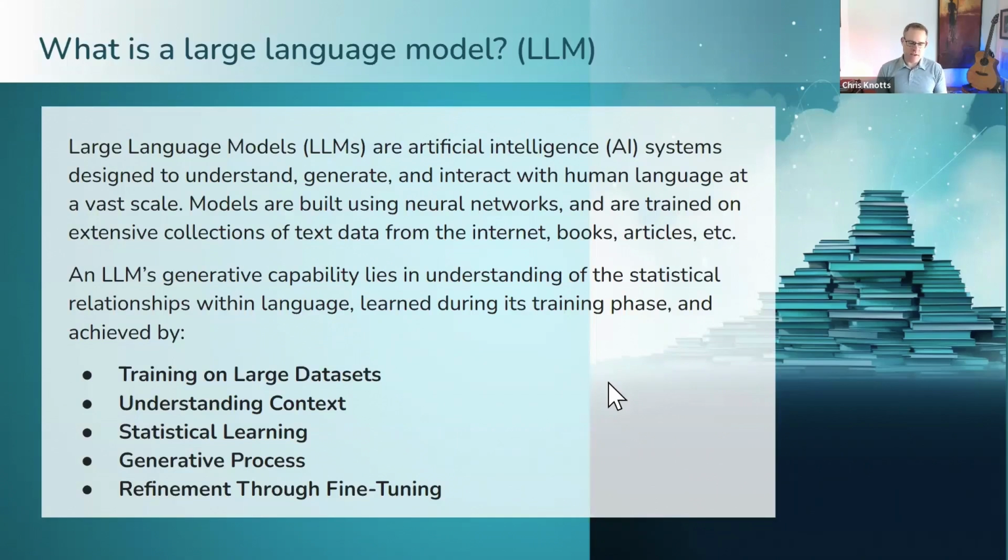And then from there, the data model architecture is based on this thing called a transformer architecture. And the transformer, that's what the T in GPT stands for, generative pre-trained transformer.